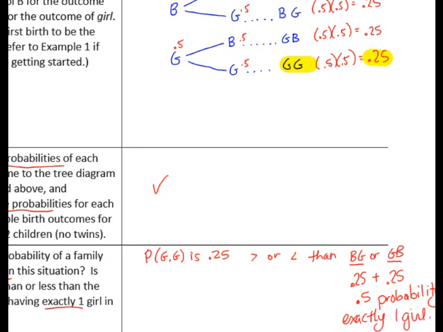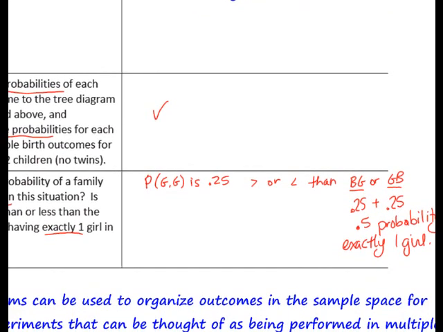So the question is asking, are you more likely to have girl, girl, or one girl? So we're comparing 0.25 to 0.5, and 0.25 is less than. 1/4 is less than 1/2. So the probability of girl, girl is less than the probability of exactly one girl.